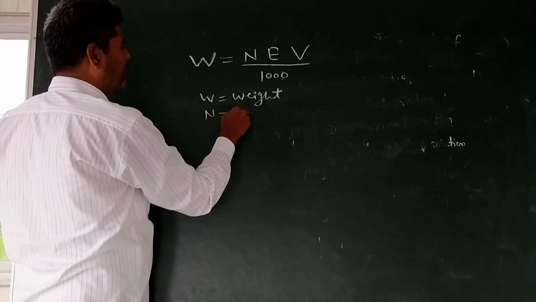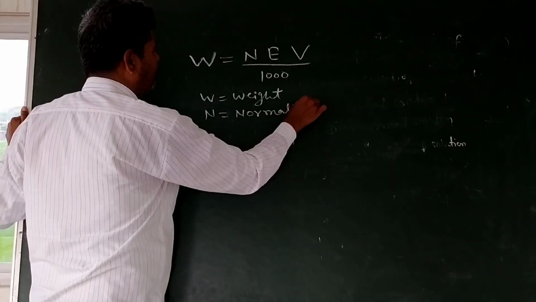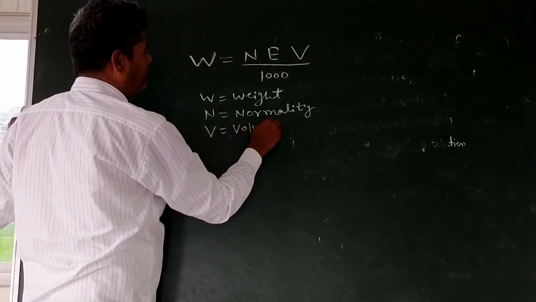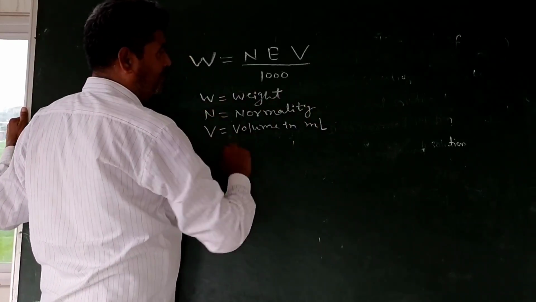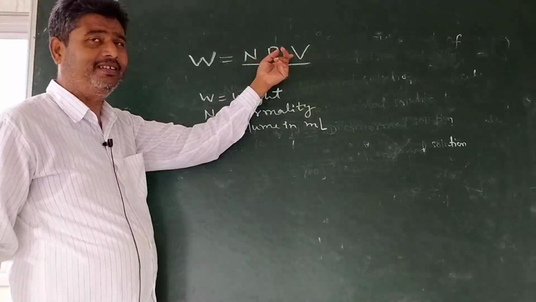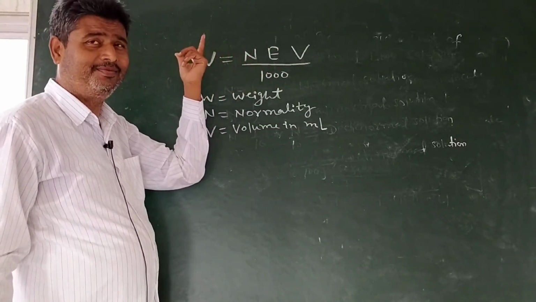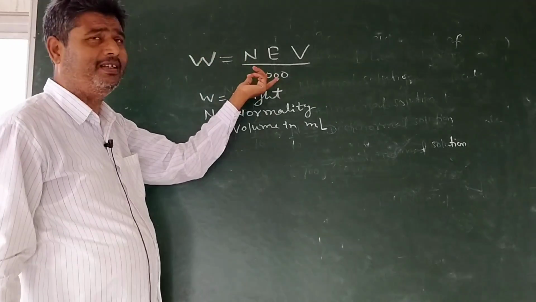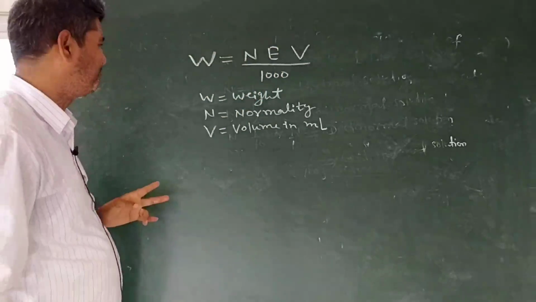N means normality. V means volume in milliliter. If given volume is in liter, then we will not use 1000. 1000 is used only when given volume V is in milliliter.